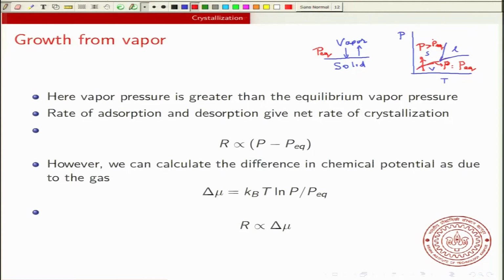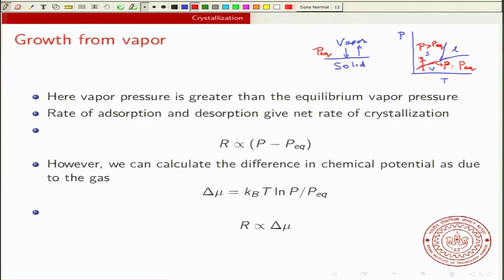Okay, so now you can calculate the difference in chemical potential between a solid and a gas. The change in chemical potential is mainly due to the change in pressure of the gas, because the chemical potential of the solid is not really dependent on pressure.